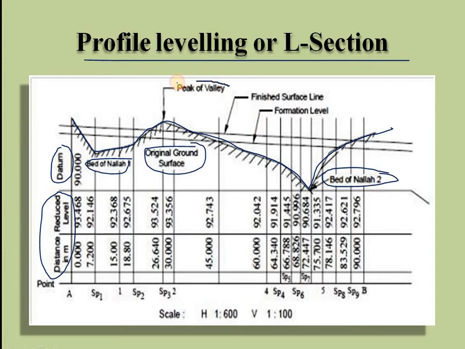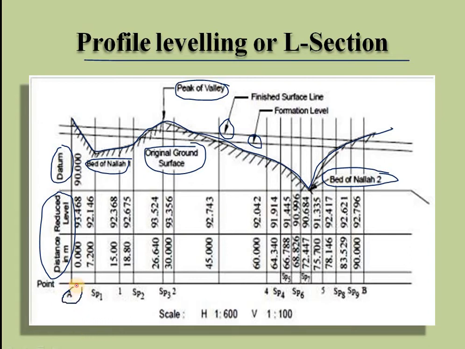This is the peak of valley where the highest point is, this is our finished surface line, and this is formation level. Where the cutting of the soil is required and where the filling is required, we can calculate by doing this profile leveling or L section.